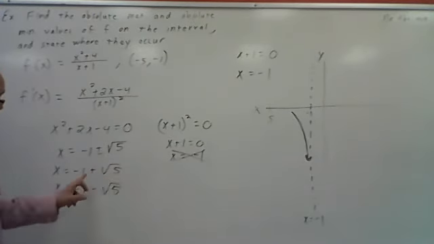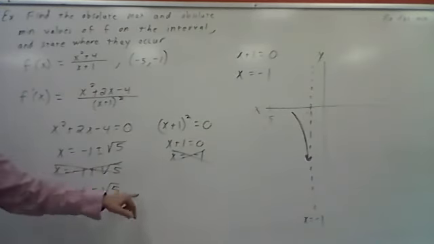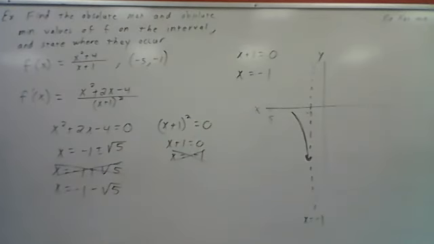Throw that out. How about -1 minus 2 point something? That is -3 point something. You could use a calculator, put these in and see what you get if you don't like doing it my way. So this -3 point something is in this interval. That's my only critical point in that interval.